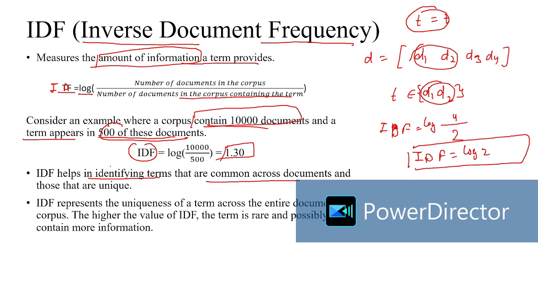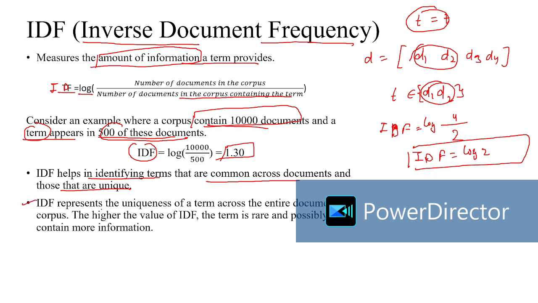and those that are unique. So what are the terms that are rare across documents, and what are the terms that are common in the documents.